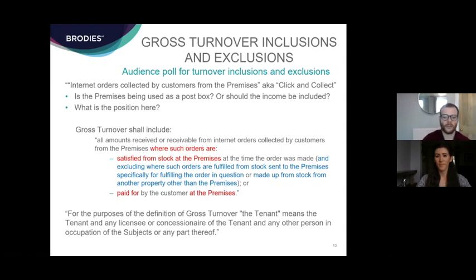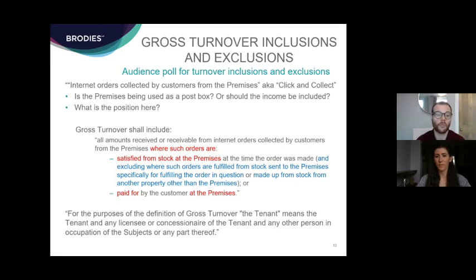What this is saying is that, as you touched on in the previous slide, any turnover that comes in from the unit, whether that's the actual tenant that's bringing that in, or it's a licensee or a concessionaire, the landlord wants to ensure that all the turnover generated is included in the calculation for the rent.